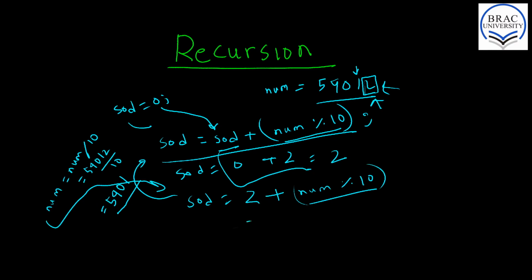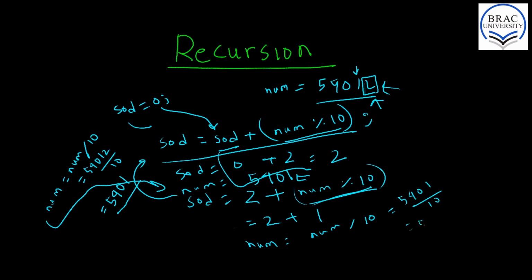So now we have this digit, 2 plus 1. Now we will do this again, num equals num by 10. Now num will become 5401 by 10, which is 540, because the point 1 won't be saved, because num is not a floating point value.